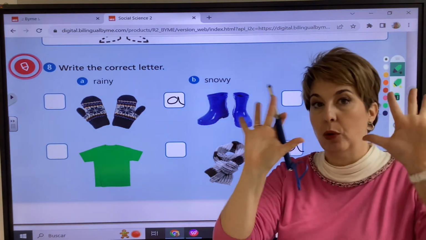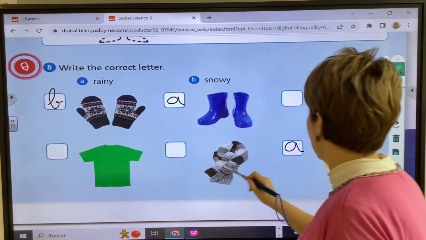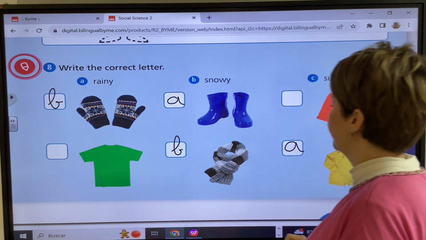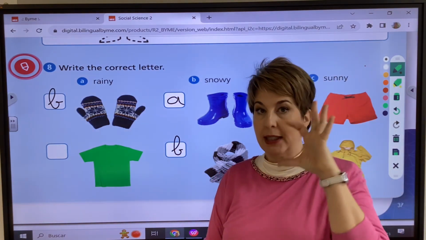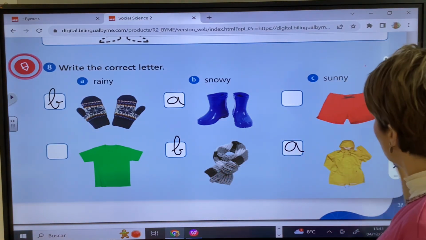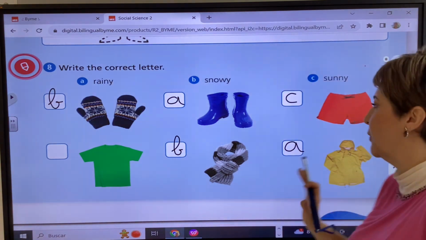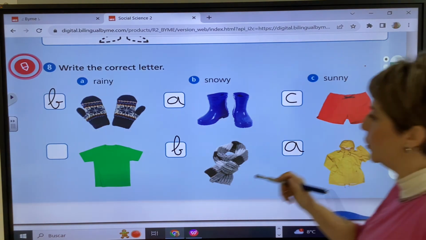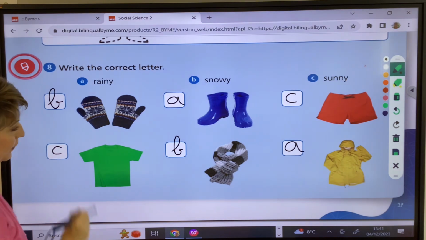If it's snowy, you wear mittens and a scarf, B. And if it's sunny, which is letter C, you wear shorts, well, sunny and hot, because if it's sunny and cold, no. Sunny and hot, you wear shorts and you also wear a t-shirt, okay?